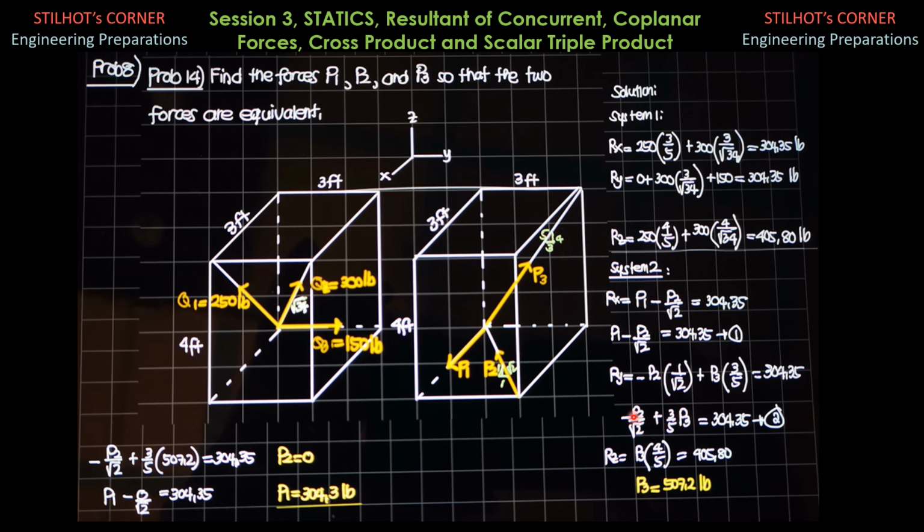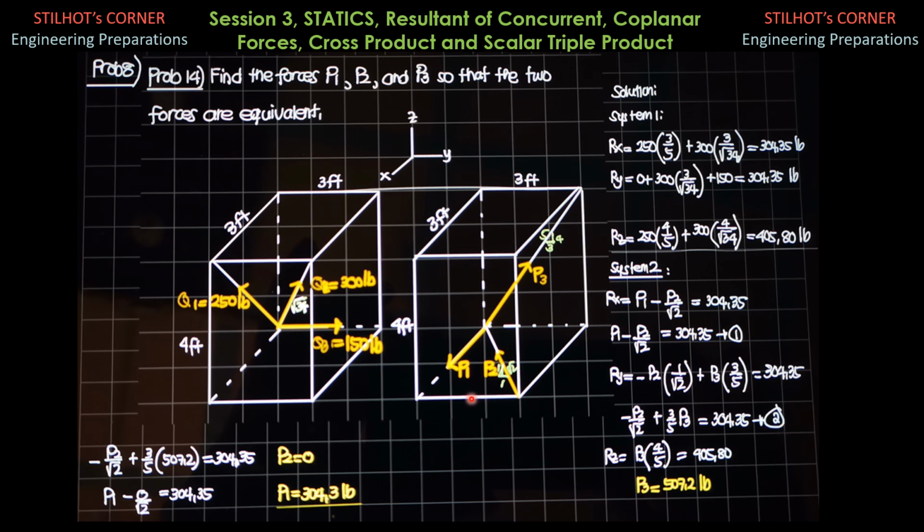So negative P2 times negative 1 over square root of 2, then plus P3 times 3 over 5. Then that equals the y component of the resultant in system 1, which is 304.35. So that is rewritten, and call that equation 2.